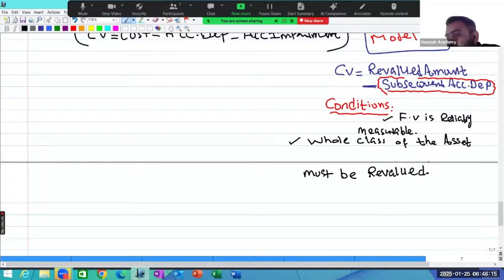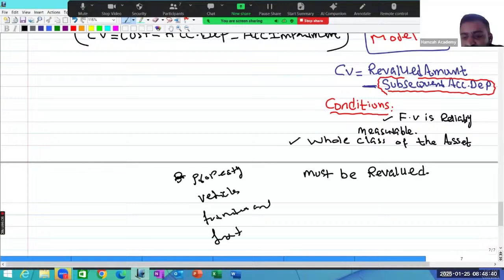What does this mean? For example, in property, plant and equipment, one class of the asset we have is property, another class is vehicles, one is furniture and fixtures, and similarly one class is plant and machinery. Let's say we have four classes of the asset.